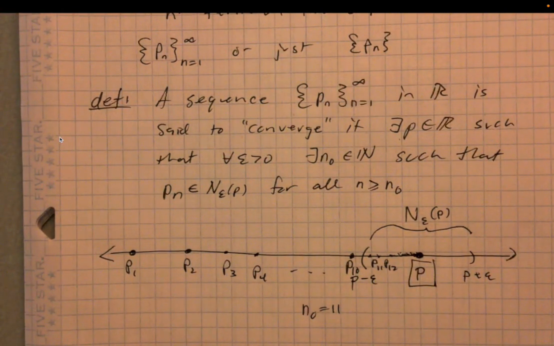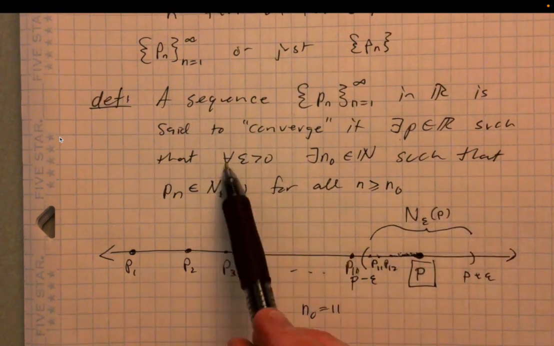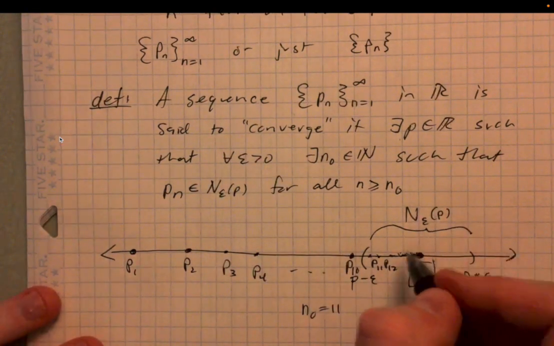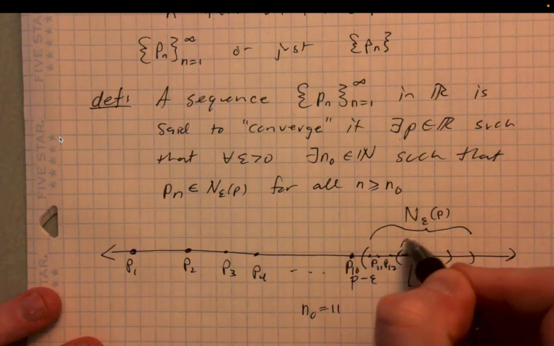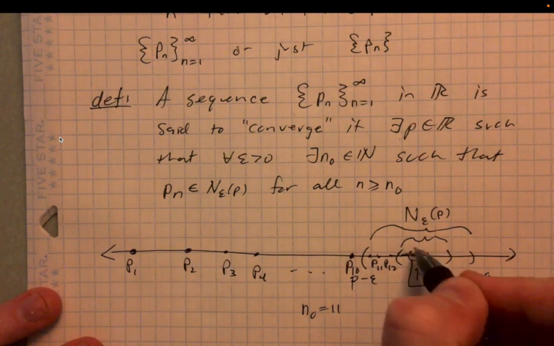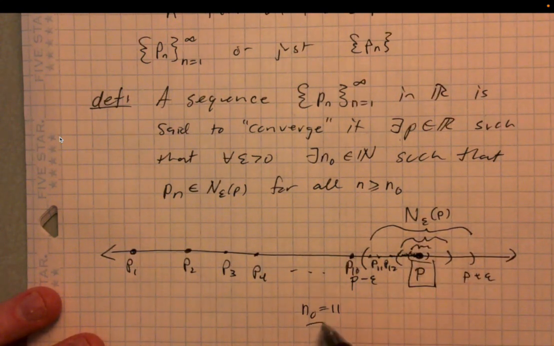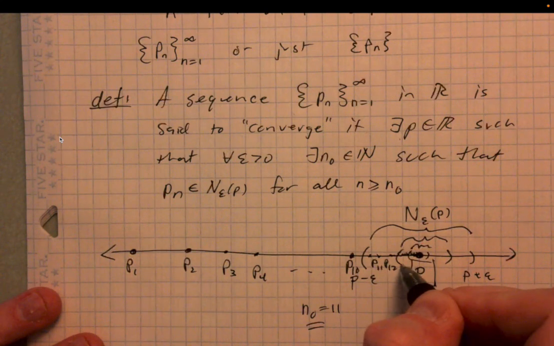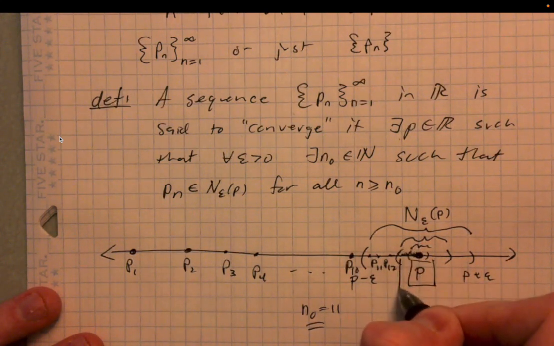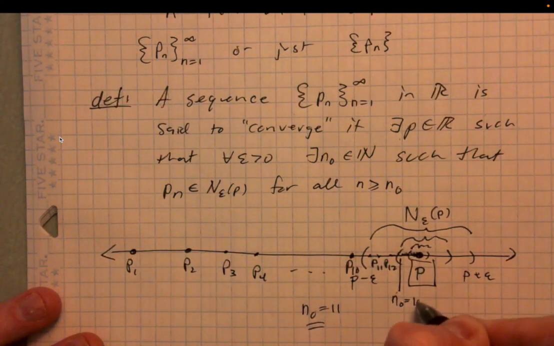Okay, that's the idea of convergence. And remember, it says that for all epsilon greater than 0, I can shrink the epsilon neighborhood down as tight as I want around p, and all I have to do is find another n naught. So maybe to be inside of this epsilon neighborhood, n naught equals 100.